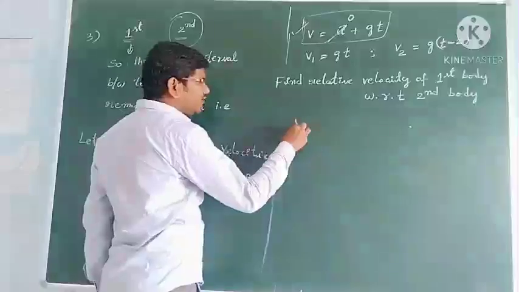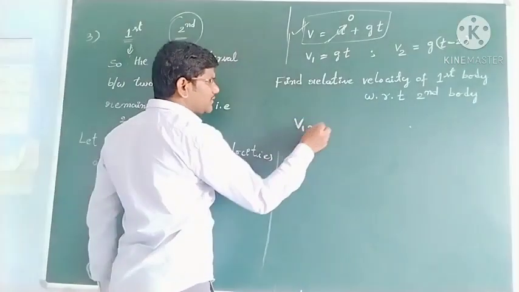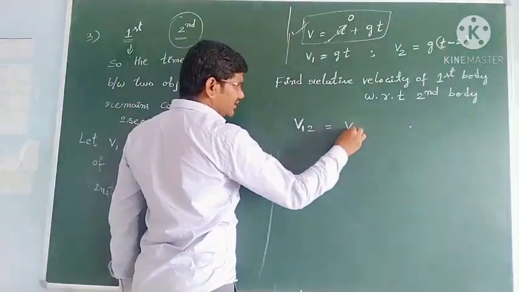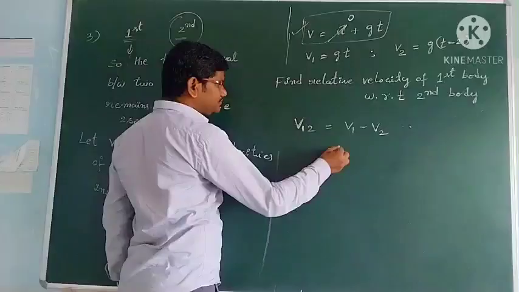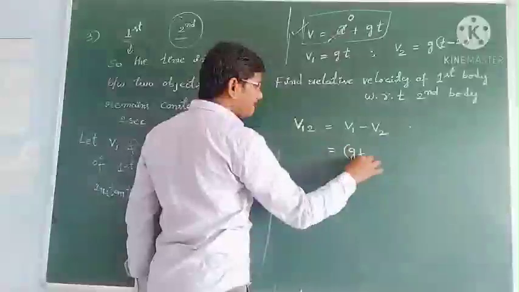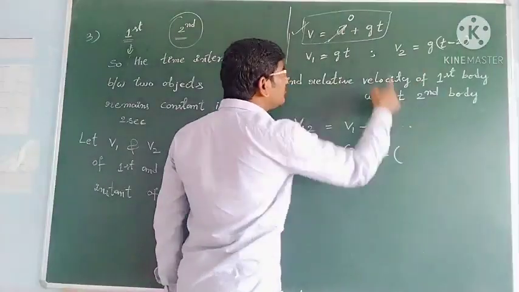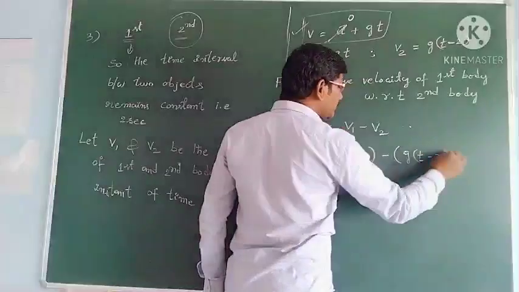So the relative velocity of the first object with respect to the second, v1 2, can be written as v1 minus v2. v1 means g into t, minus v2, which is g into t minus 2.